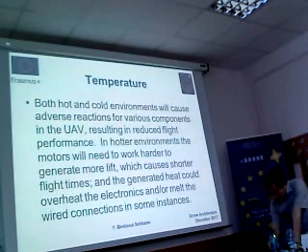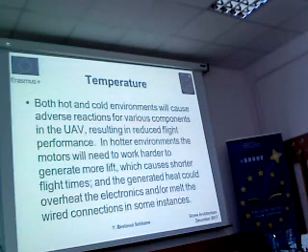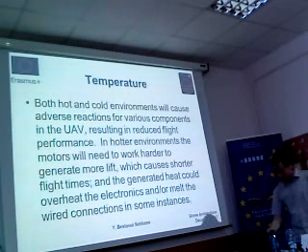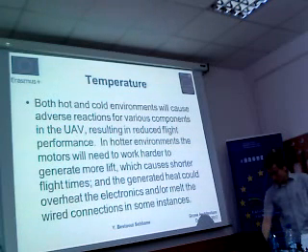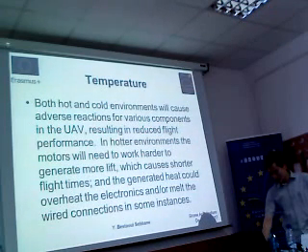So we can conclude that both hot and cold environments will cause adverse effects for various components in the UAV, and it will reduce the flight performance. So for the hot and for the cold, we need to choose the right condition for flight.